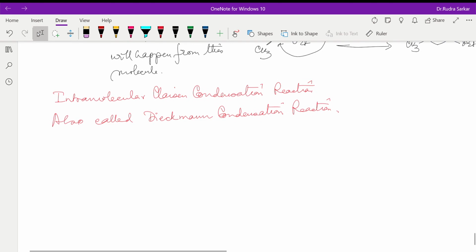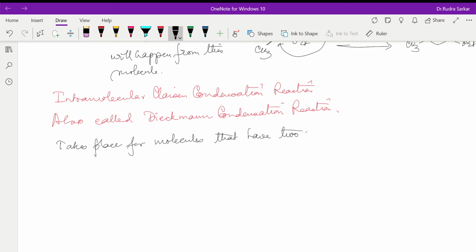It takes place for molecules that have two ester groups. First thing, your product will be a cyclic beta keto ester.